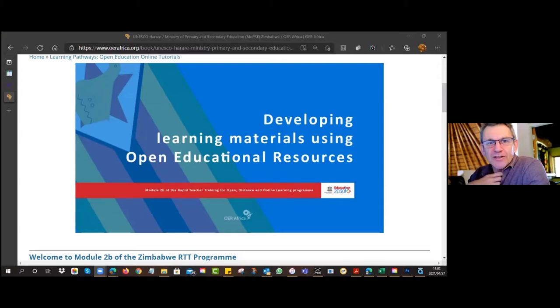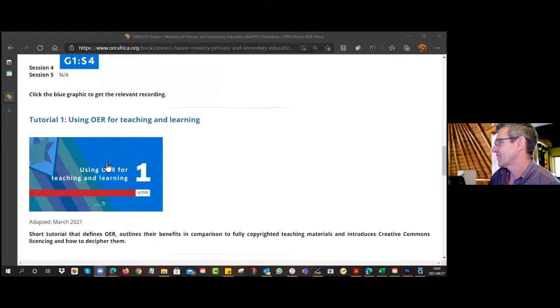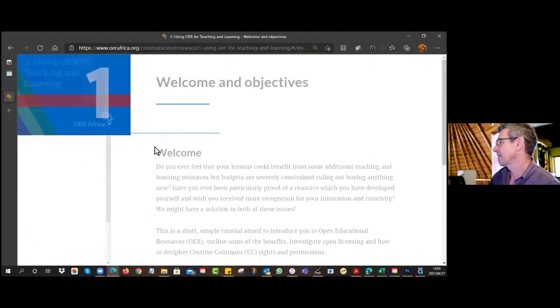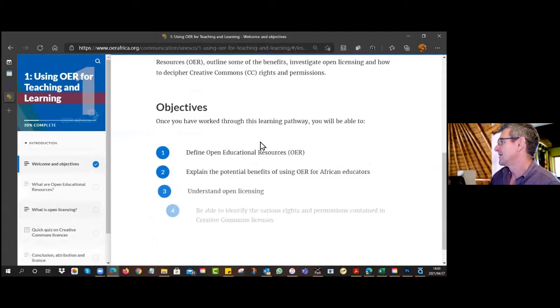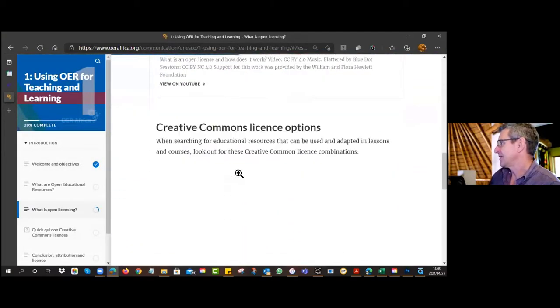Most OERs, in fact, 99.9% of OERs use Creative Commons licensing. And the issue of Creative Commons licensing, let me just quickly put up the little stickers on the screen so you can see them. So if we look at these open licenses, here they are.